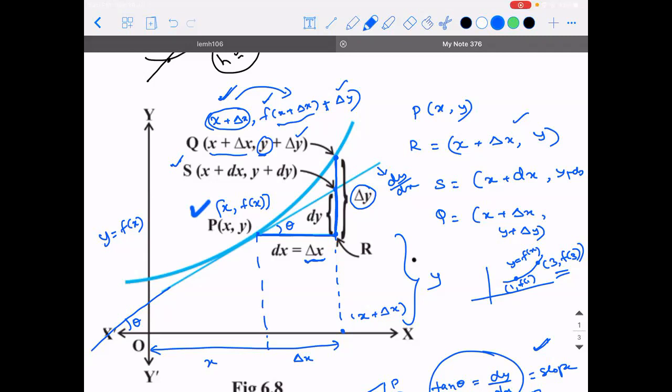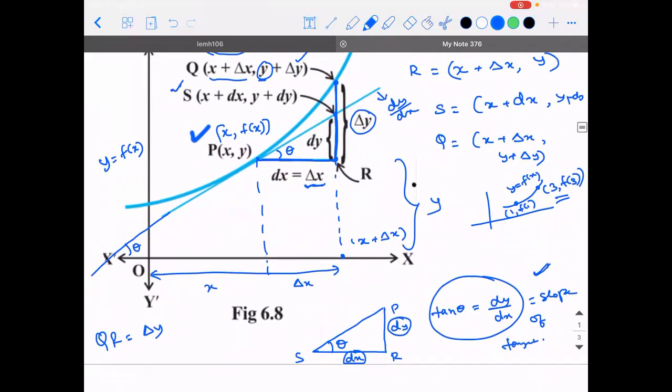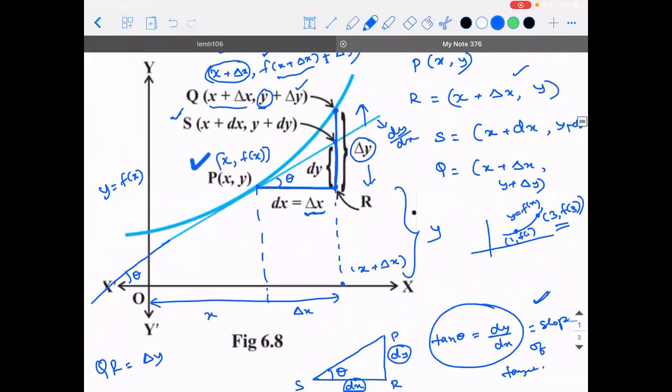Understood, sir. Understood? Now, can I say the distance QR is nothing but delta y? Can I say that the distance QR is delta y, guys? This vertical distance, right? So when QR is delta y, how much is this height from the ground? This is f of x. Then how much is this height from the ground, that is from the x-axis?